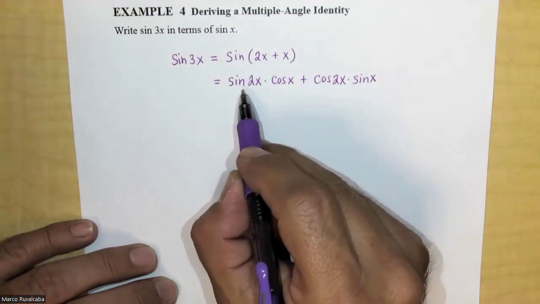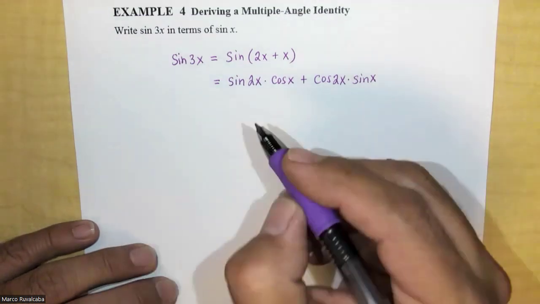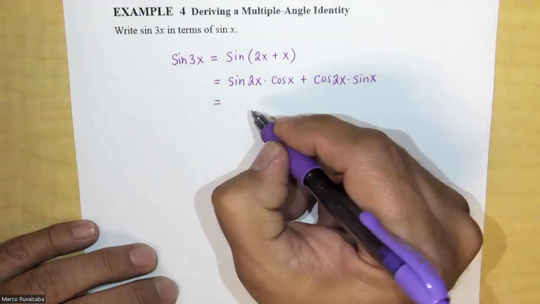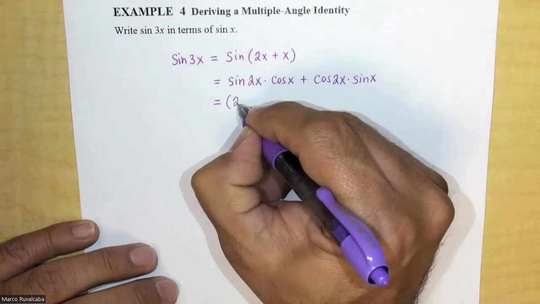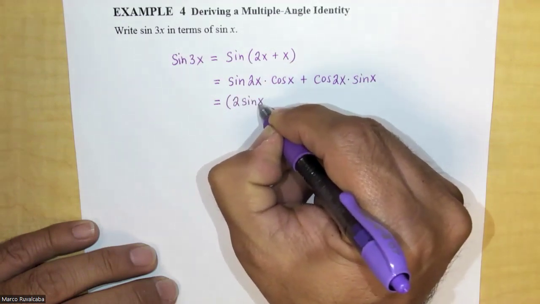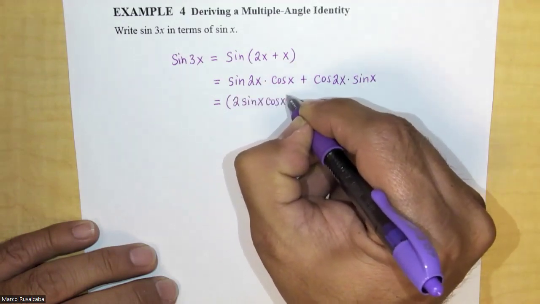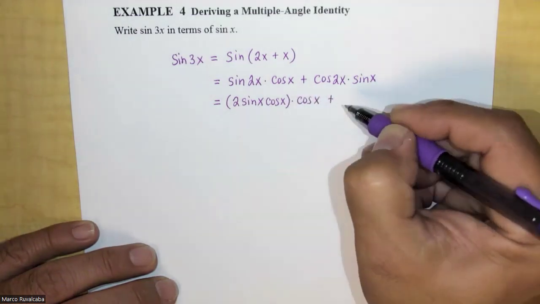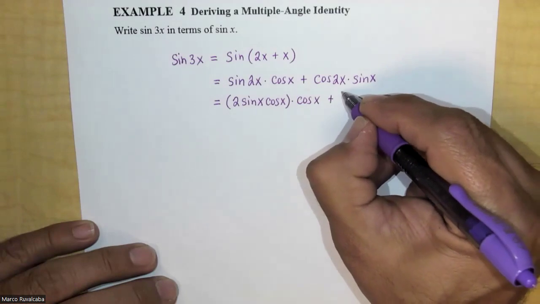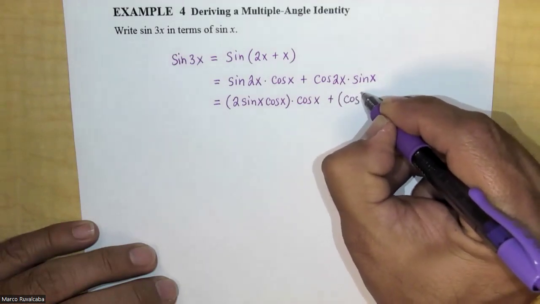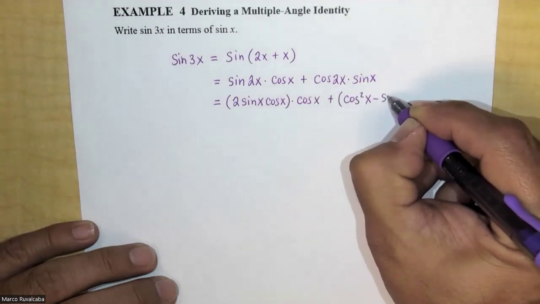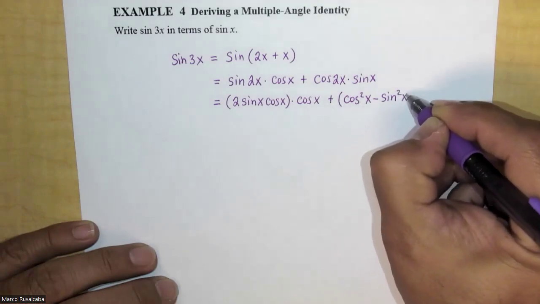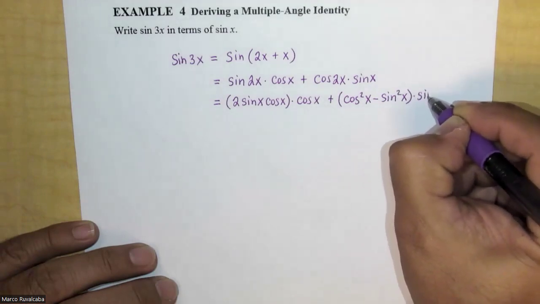And then each of these, the double angles, we use the identities that we're using for this lesson. So for sine 2x, that's 2 sine x cosine x. And then we're multiplying that by cosine x. And then cosine 2x is an identity that we used a while ago, cosine squared x minus sine squared x, times sine x.